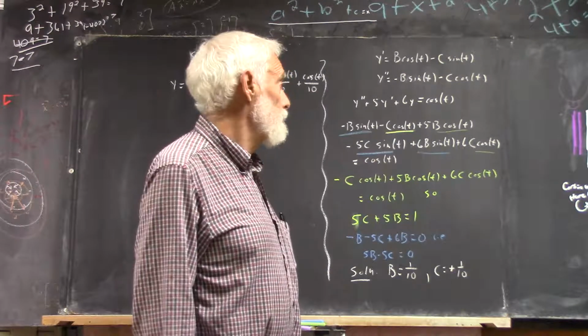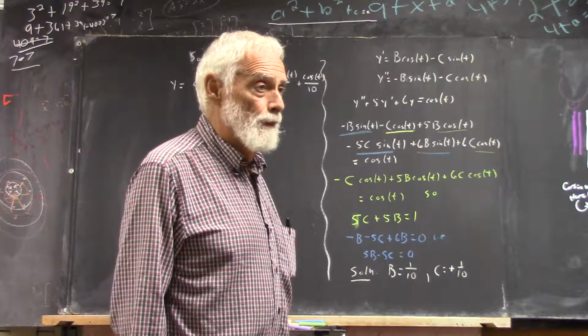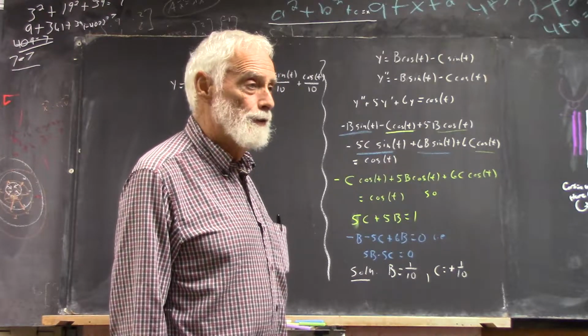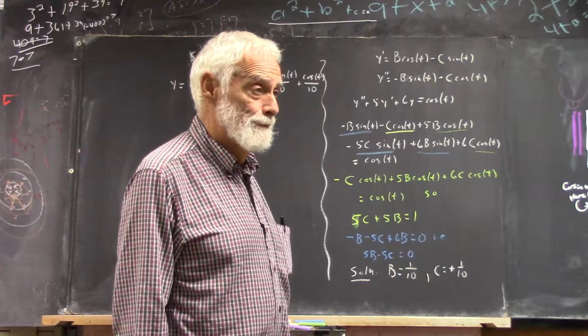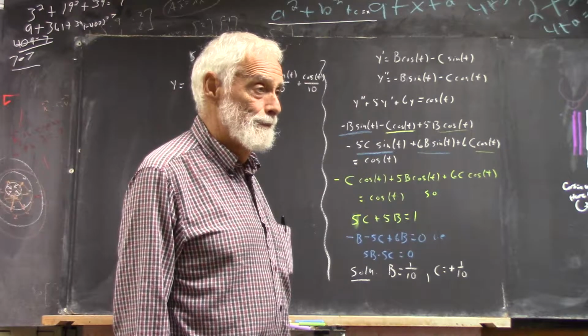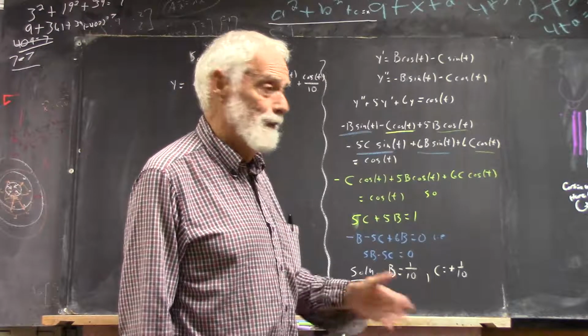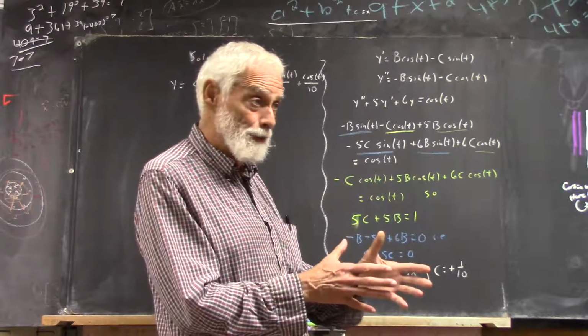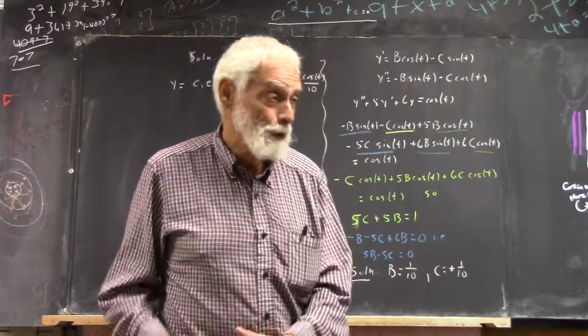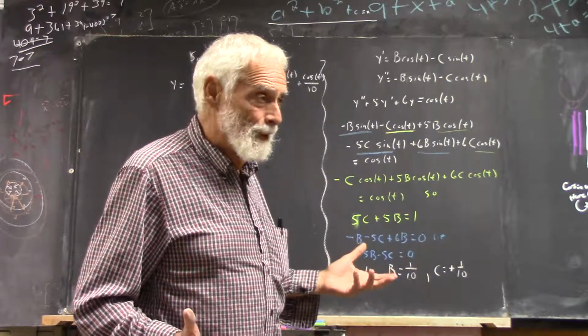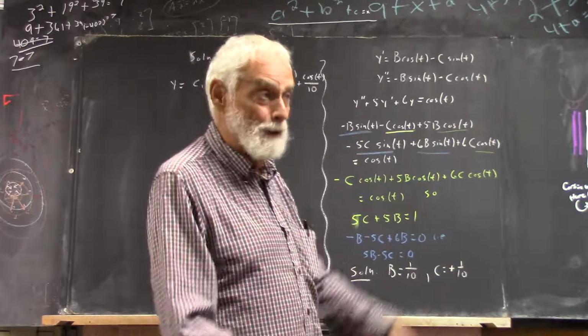Well, if the function is e to the 7t, what could you possibly take the derivative of to get e to the 7t? Well, some multiple of e to the 7t. You're only going to get e to the 7t by taking derivatives of e to the 7t. So your trial solution is very simple. Just some number times e to the 7t.